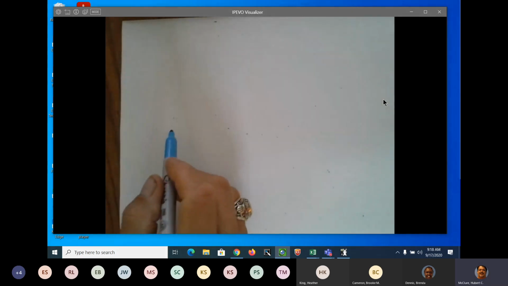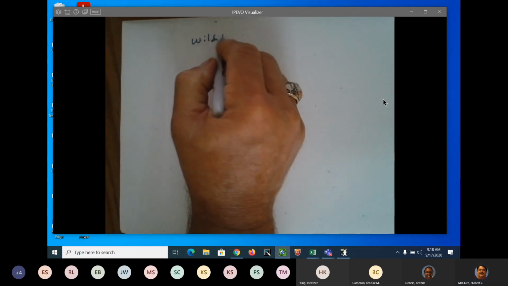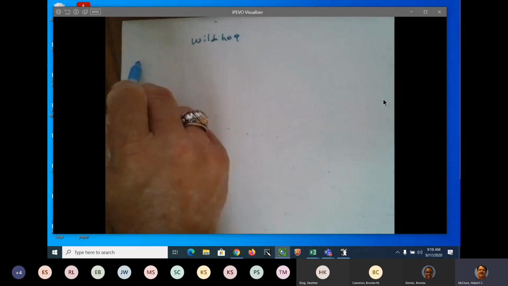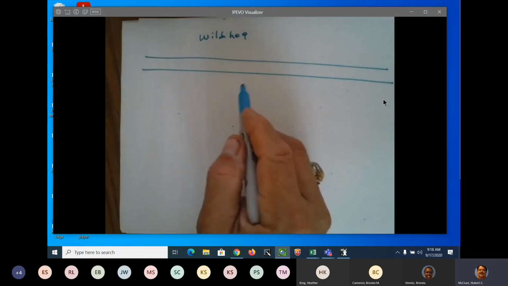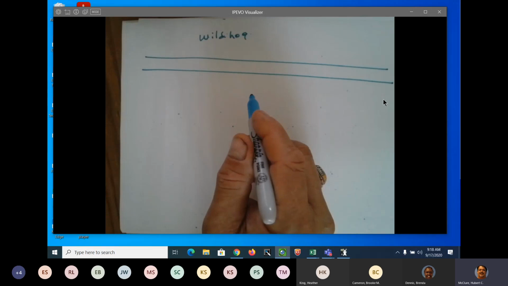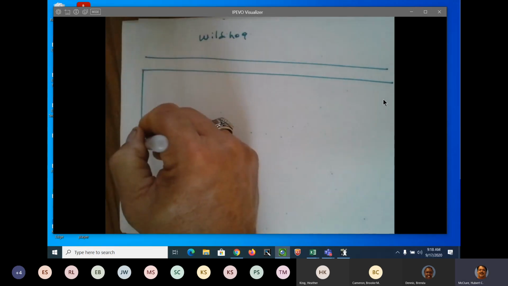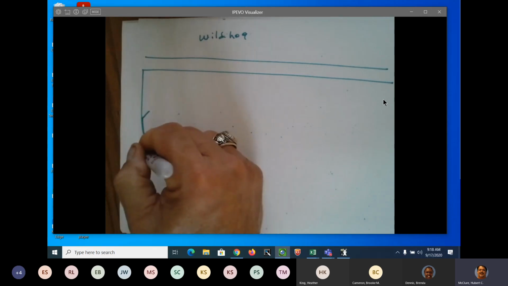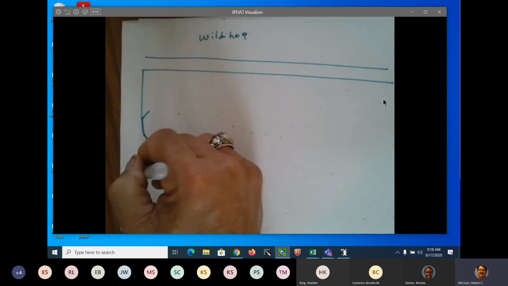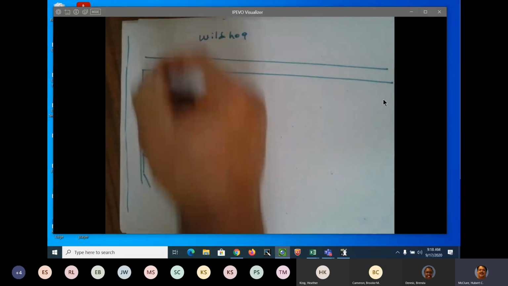Let's say you're going down a road. I'm going to use Wild Hog Road. Wild Hog Road is a stretch of road about 10 to 15 miles long. Over here, you've got the double bridges. I can't draw bridges, but there's a bridge, and then you've got another bridge right here. If you're familiar with Anderson, you know where the double bridges are.